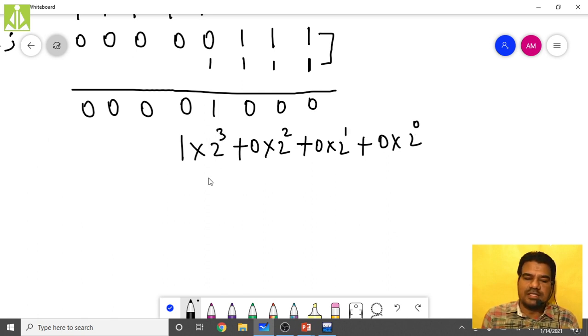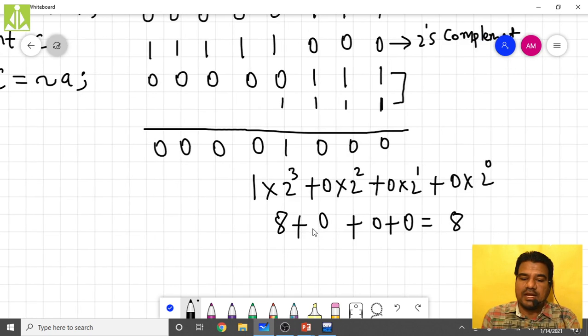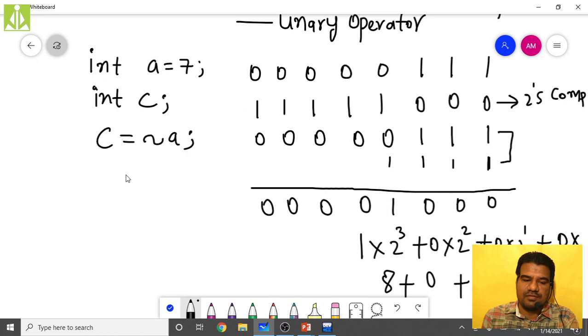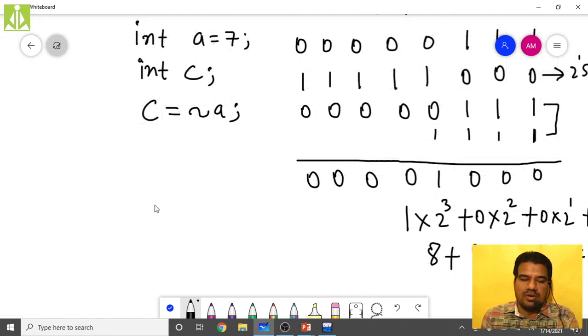So 2 power 3 is 8, plus 2 power 2 times 0, plus 2 power 1 times 0, plus 2 power 0 times 0. So you got 8. The result we are expecting is 8 but negative. C should be minus 8.